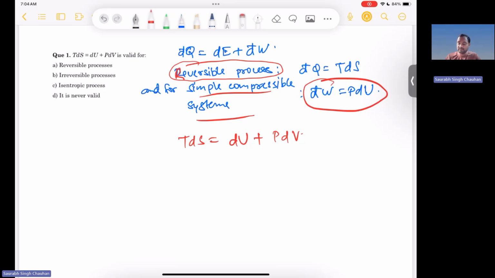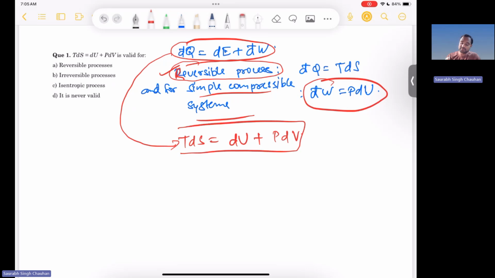There is only a change in internal energy, du. So for reaching from the original equation to this equation, there are a few assumptions: it should be reversible, there should be no other type of interactions, only change in internal energy, and the system should be a simple compressible system. Then we get this equation.